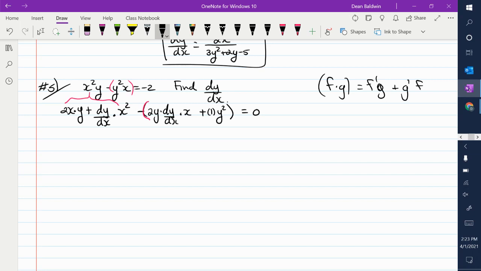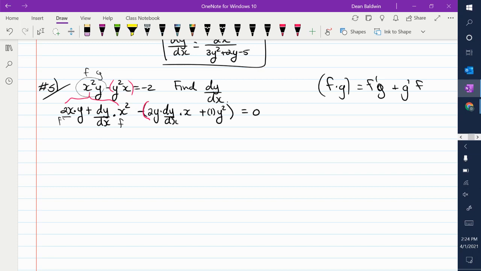So if I call this f and that g, that's f prime times g plus that would be g prime times f. I'm just using product rule just on this bit right there. Okay, does that make sense now? Anybody else confused about that or any questions about that? All right.